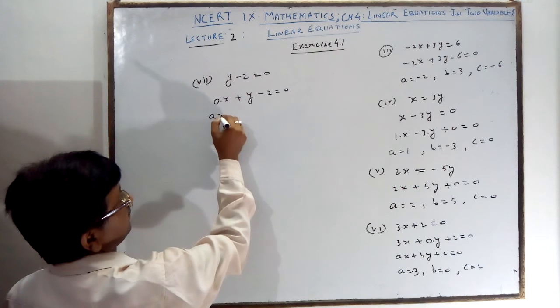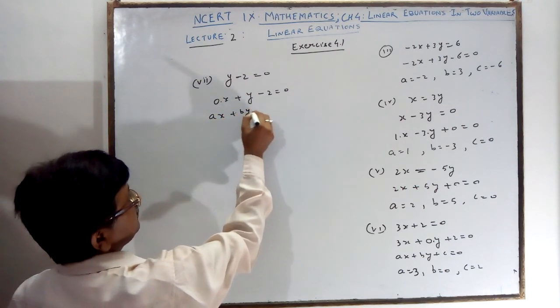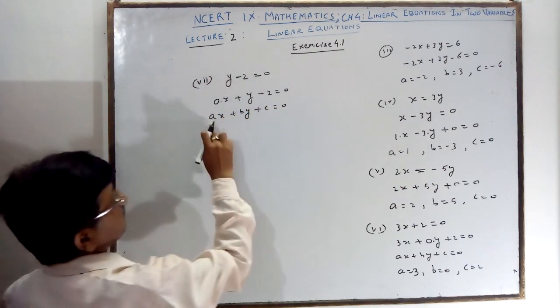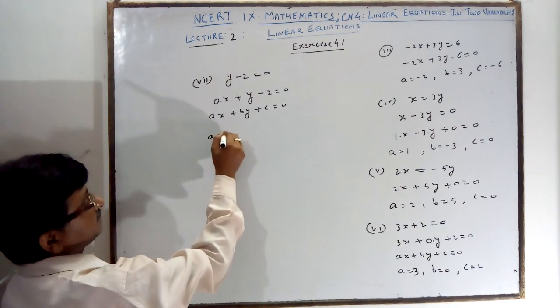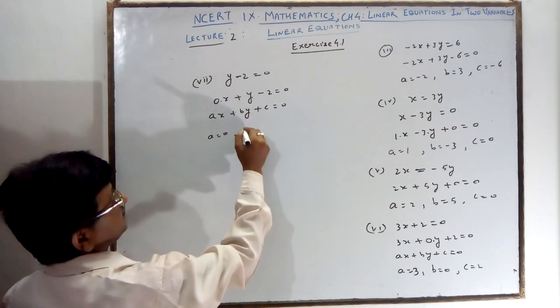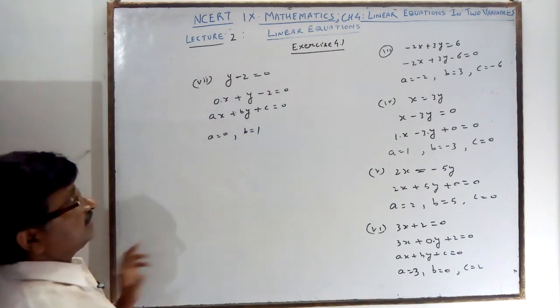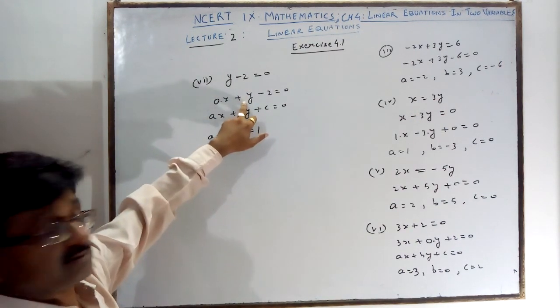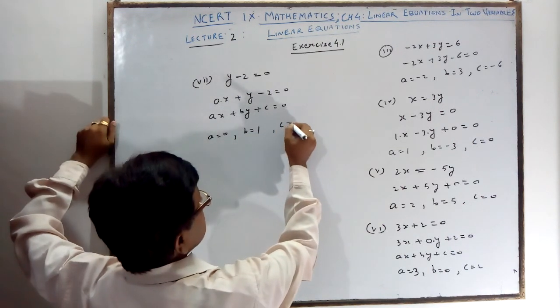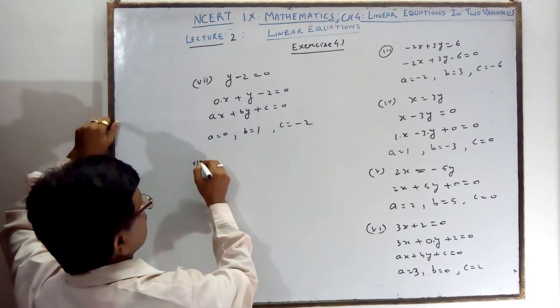Compare with the standard ax plus by plus c. First term first: a is 0. Then b. Nothing is given with y, but don't write b as nothing; b is equal to 1, since y means 1y. And then c is equal to minus 2.